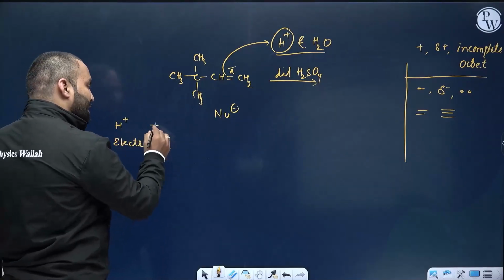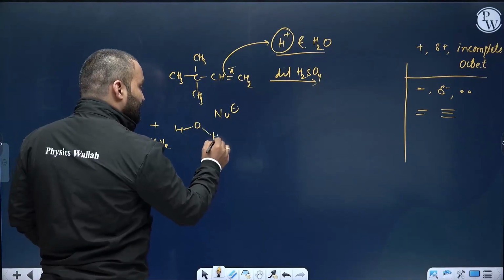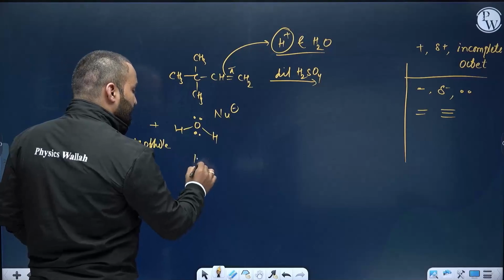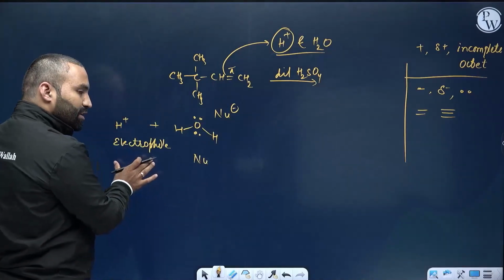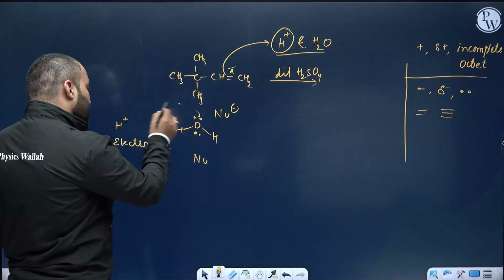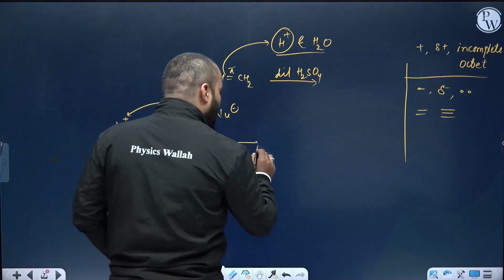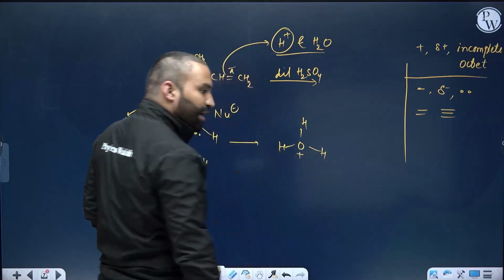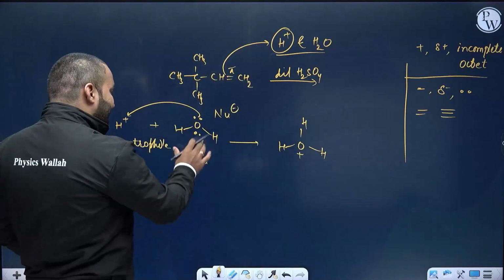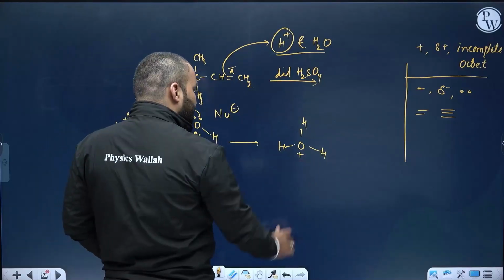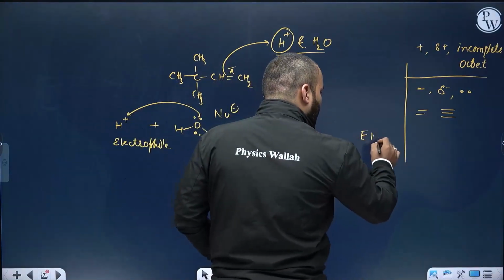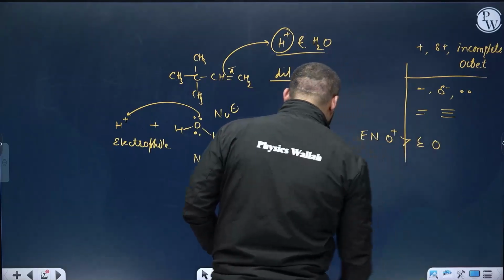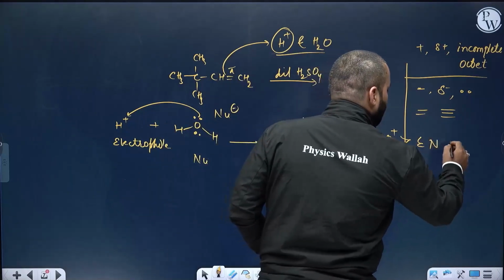H+ finds that there is water also present, taken in one single reaction vessel. There are two lone pairs present on the oxygen. This comes under the category of a nucleophile, and H+ comes under the category of an electrophile. The nucleophile attacks here, and now it generates H3O+ with a positive charge. We know oxygen when it is neutral, and oxygen when it is positively charged: the electronegativity of positive oxygen is much higher than that of neutral oxygen.